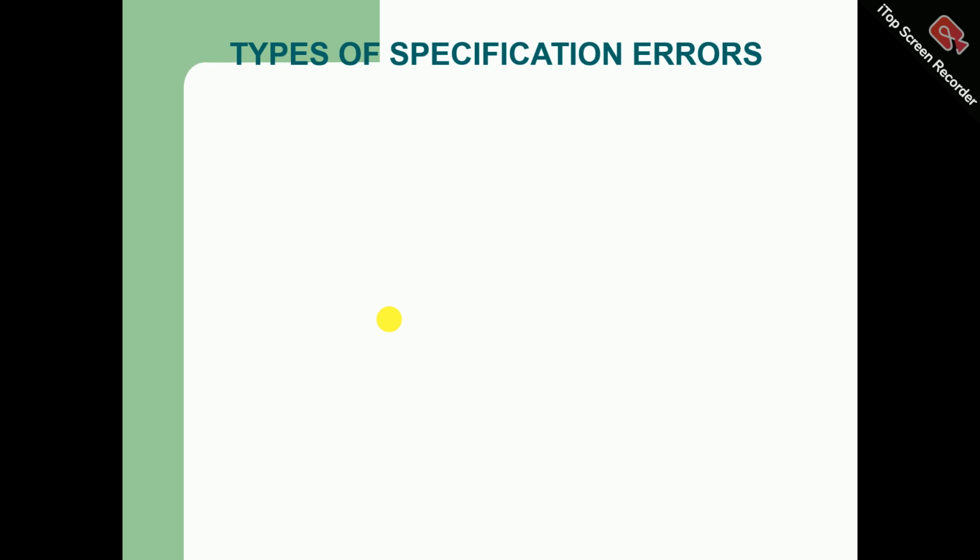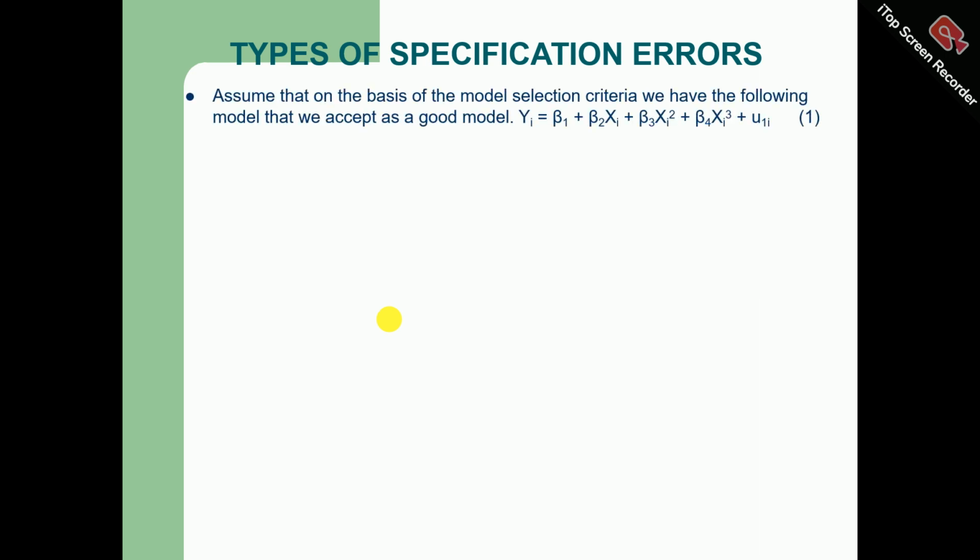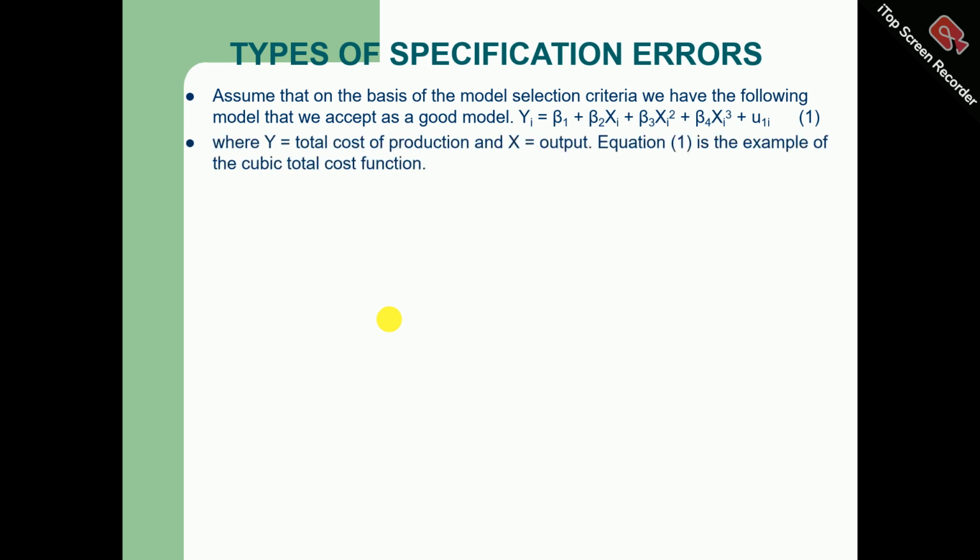After this, we will discuss various types of specification errors, and there are a number of specification errors. Let us suppose that on the basis of the model selection criteria, we have in mind the following model, which is a cost function, and that is a cubic total cost function, in which output appears as linear, quadratic, and cubic.